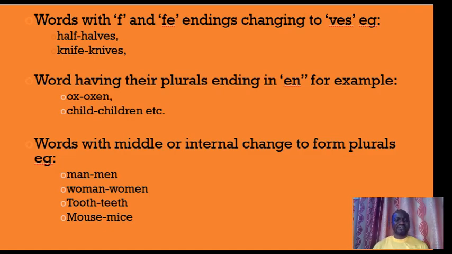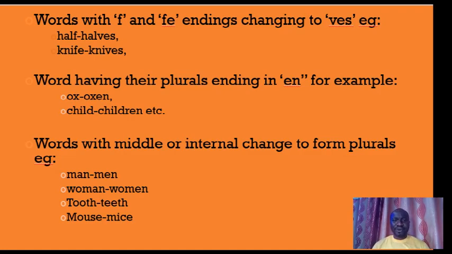Example, we have half. It changes to halves. We have knife. It changes to knives. We have self, themselves. All these things are there, of which you have to take them one after the other, understand them, so that you will be able to form your plural words well.